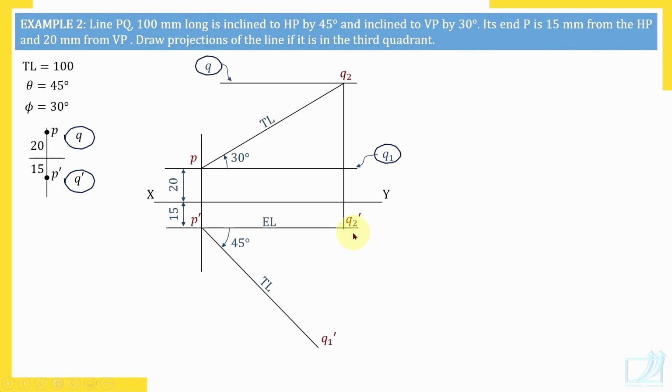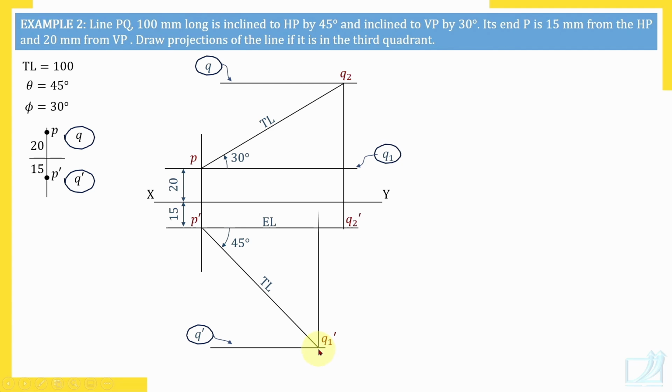What is the length P dash Q2 dash? EL. Now through Q1 dash, draw a horizontal and vertical line. When you draw the horizontal line through Q1 dash, you are sure that on the same line point Q dash is. Through Q1 dash, draw a vertical line. Which other point is on that vertical line? Q1, front view and top view. So Q1, is there any line for Q1 in our diagram? Yes, this is the line on which Q1 is.